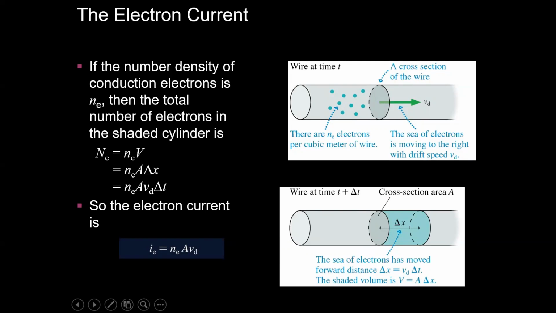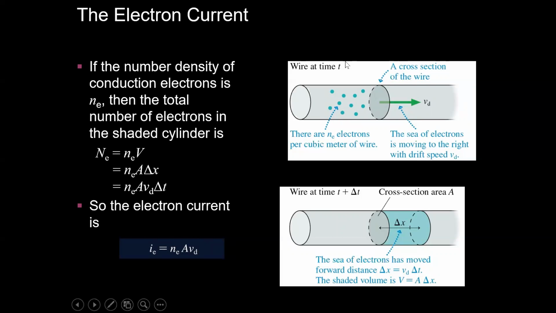And for that volume, you pretty much assume that the size of the wire is constant. And when the size or the gauge of the wire is constant, then that volume is just equal to the cross-sectional area of the wire times the wire distance that the electrons travel, which these pictures call delta X. And in a certain time t, obviously, they travel a distance of speed times time.